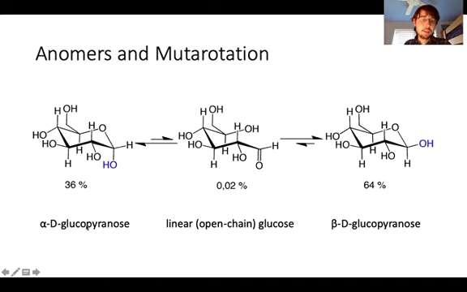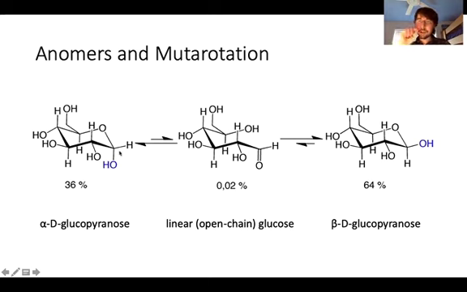And so the pyranose forms can come in two different kinds. One is called alpha pyranose, which is where the hydroxyl group is pointing downwards. And the other form is called the beta form, where the hydroxyl group is pointing upwards. The beta form is slightly more stable. So about 64% of glucose is beta glucopyranose, and about 36% is alpha glucopyranose.